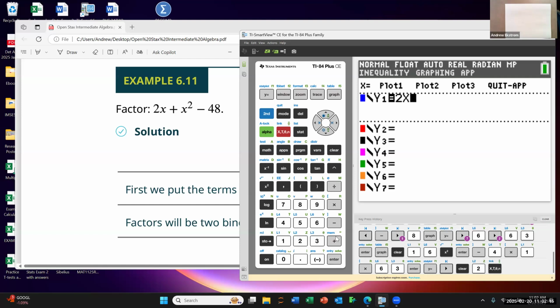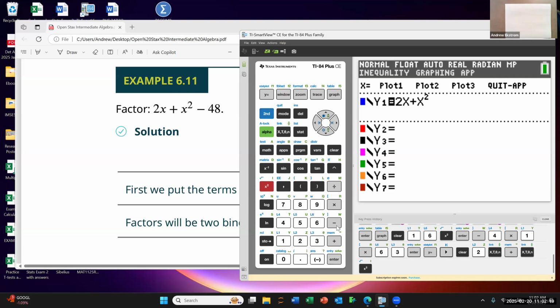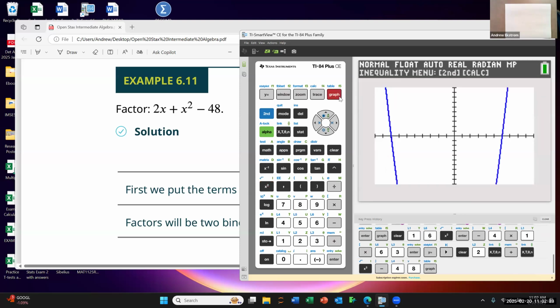So I'm going to say 2x plus x squared minus 48, graph it, and it can still graph things for you. As long as it's a function, you can graph it.